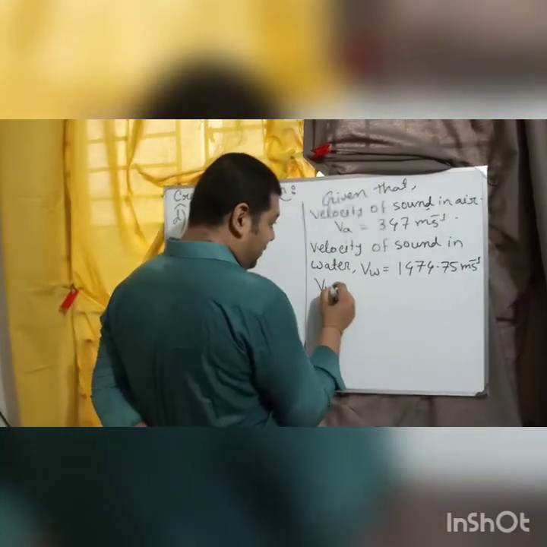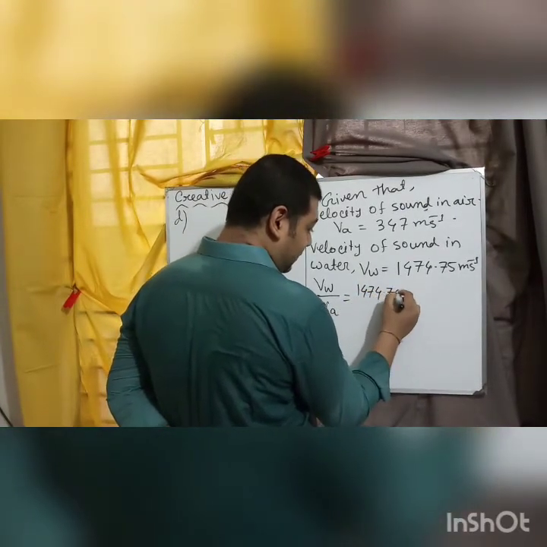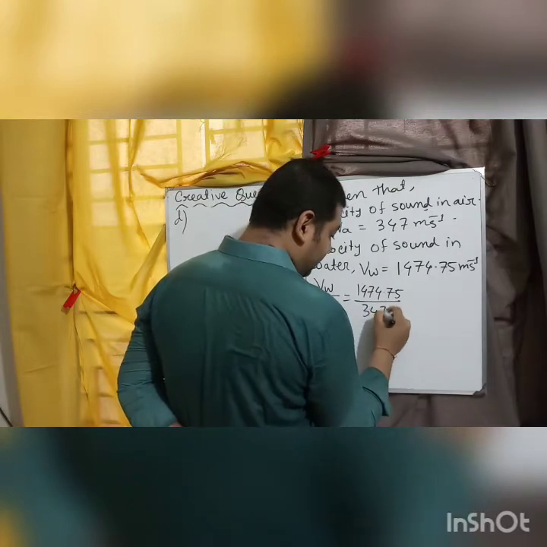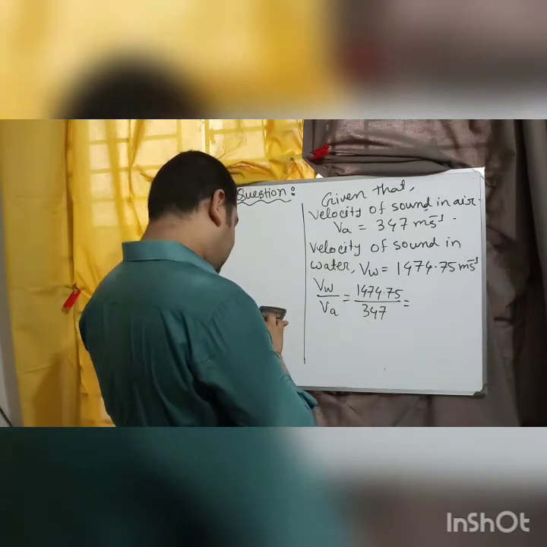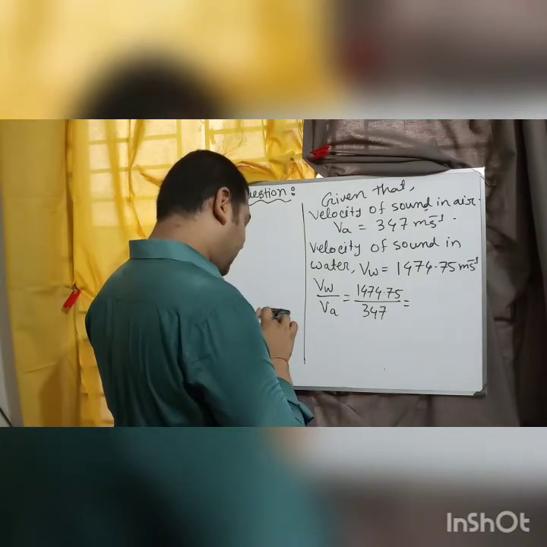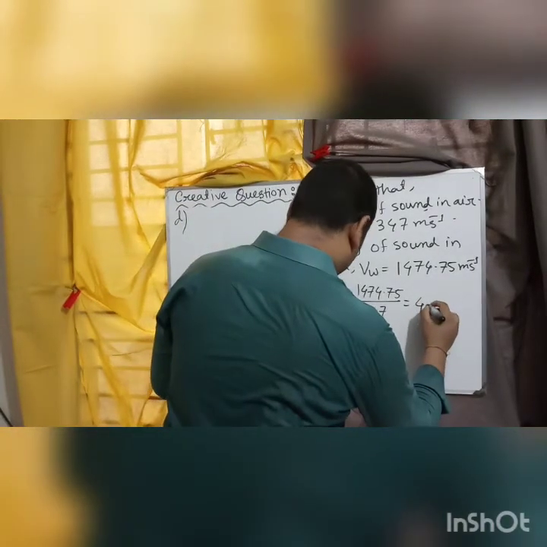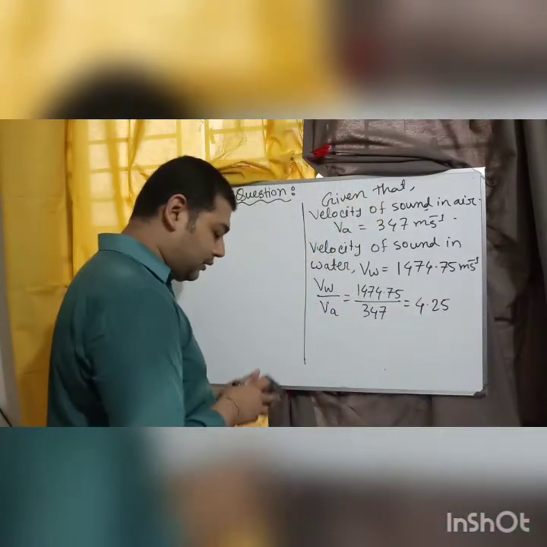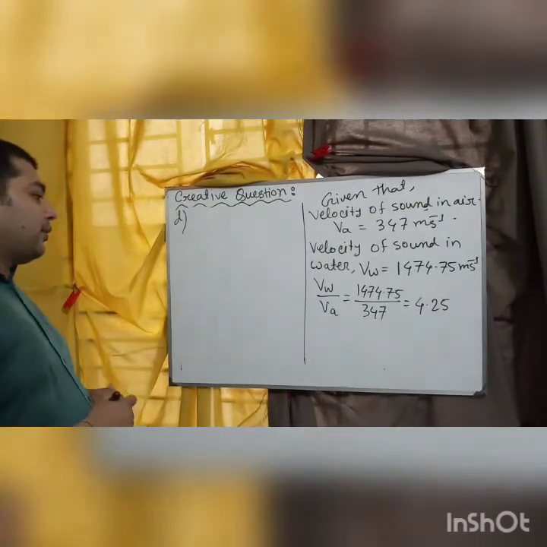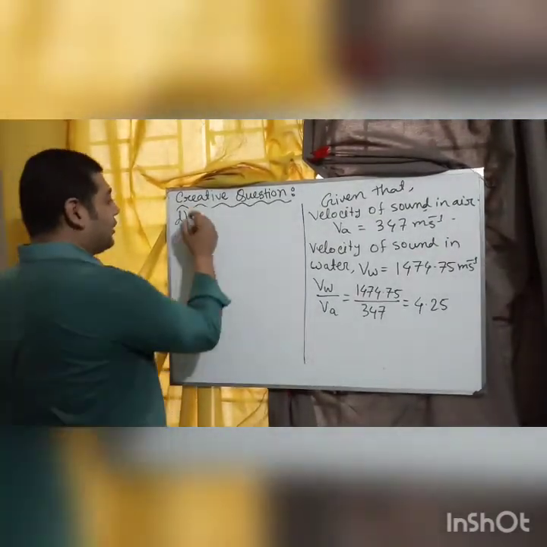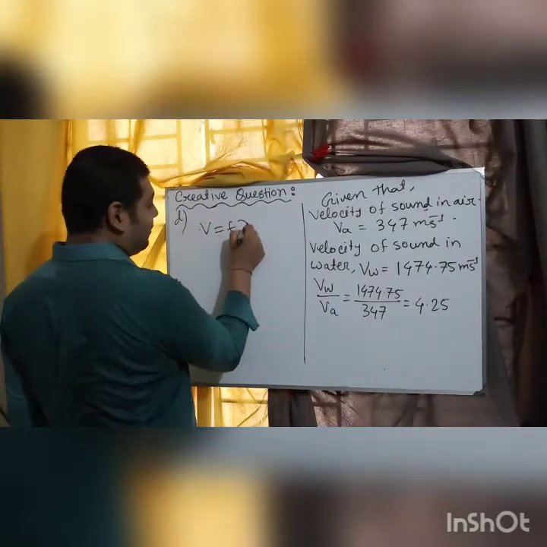So VW by VA equal to 1474.75 divided by 347, so it is 4.25. So we can write our very popular equation V equal to F lambda.